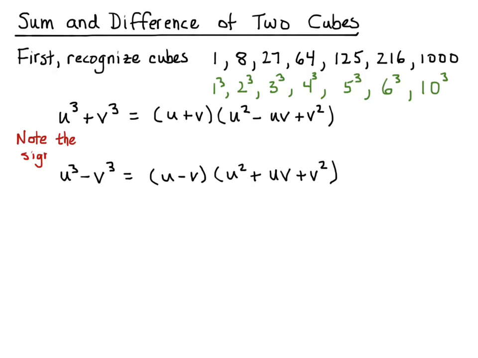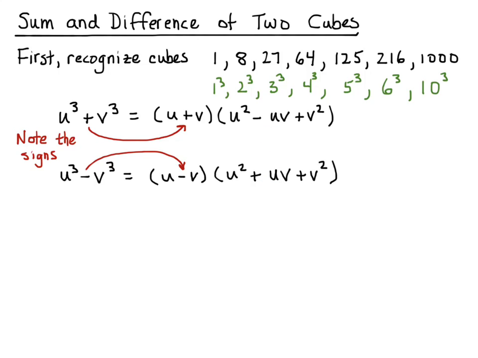Okay, notice that the sign of this first binomial is the same as the original polynomial. So they're both negative. So we have u cubed minus v cubed is u minus v. Now, each of them has one negative in it, and so the middle term in the second factor is positive here, and it's negative here.